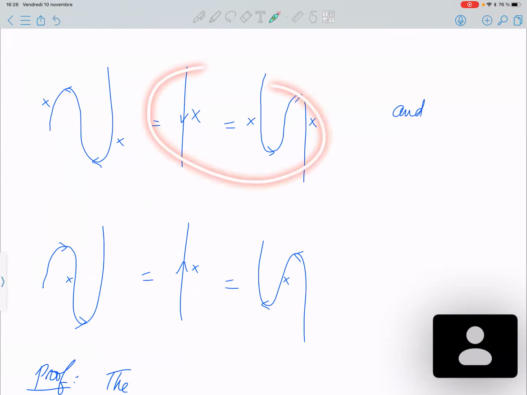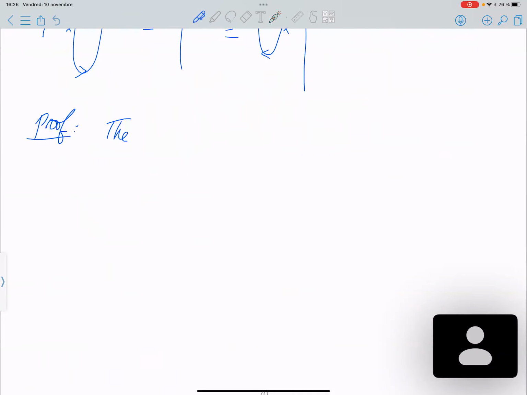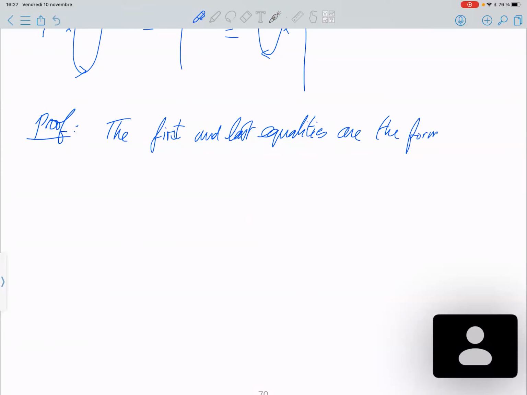So we only need to prove this one and this one. The first and last equalities are the former zigzag relation.